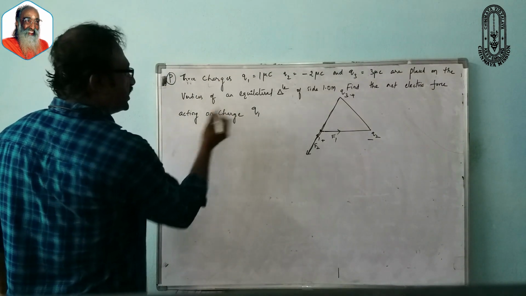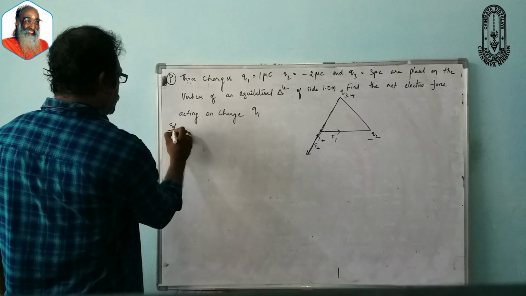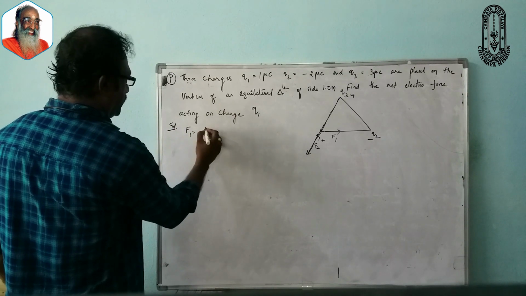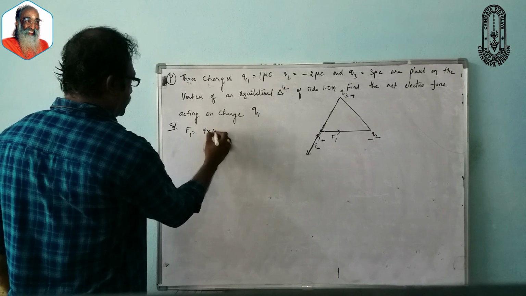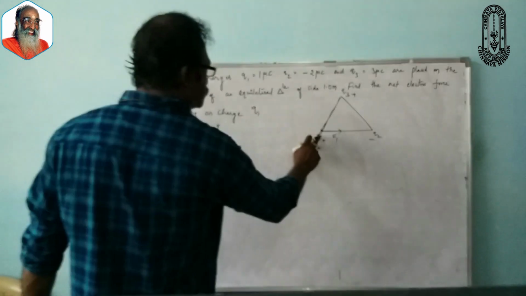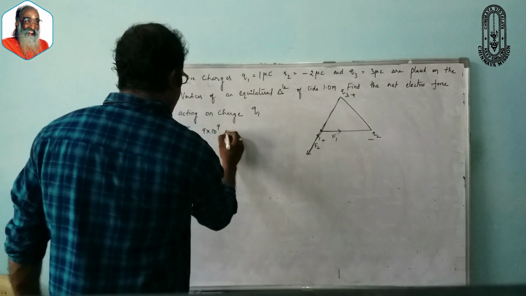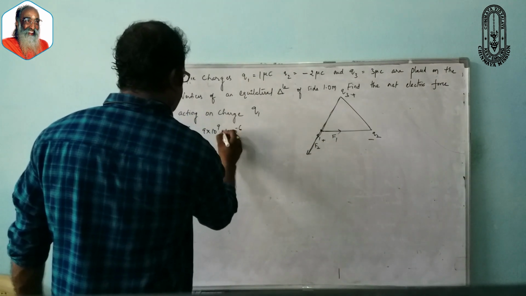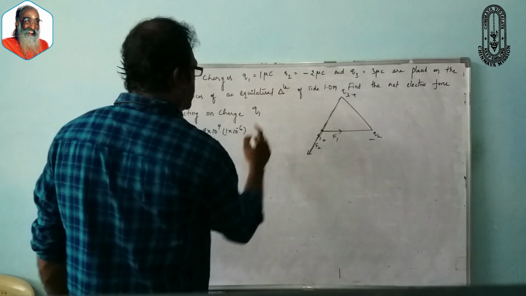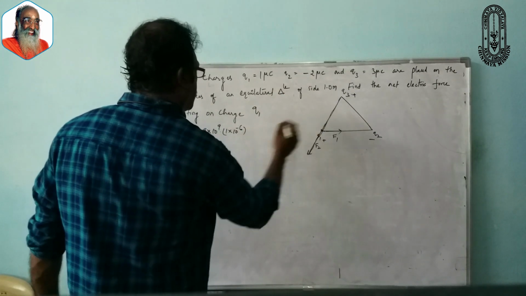So directly I can go into the problem now. F1 is 1 by 4 pi epsilon naught, that is 9 into 10 to the power of 9, and it is Q1 and Q2. Q1 is 1 microcoulomb, 1 into 10 to the power of minus 6. Q2 is minus 2 microcoulomb, I didn't mention the sign here, because we already have the opposite direction.